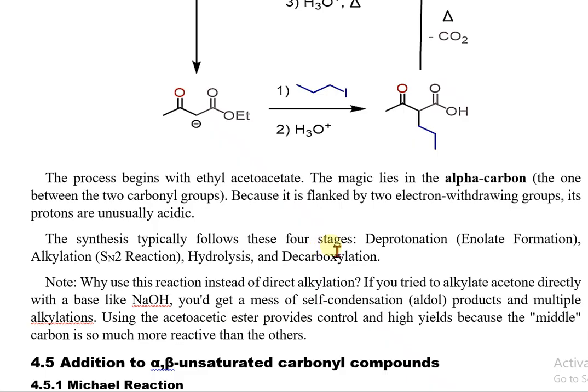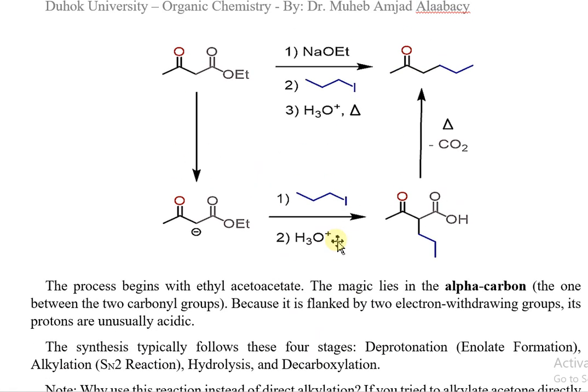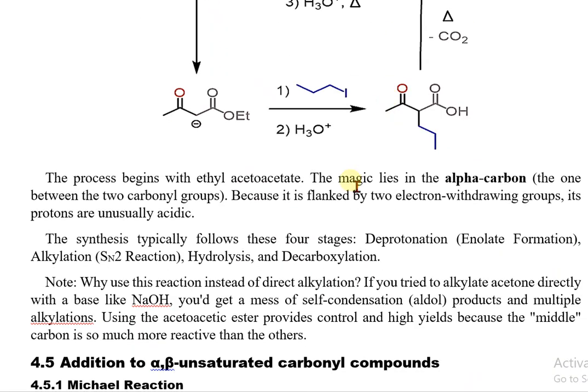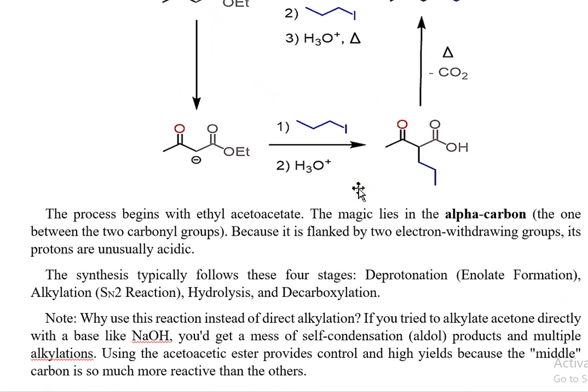These are the main steps to produce the ketone compound. So it is four steps: this is the deprotonation, this is the alkylation, this is the hydrolysis, and this is the decarboxylation.